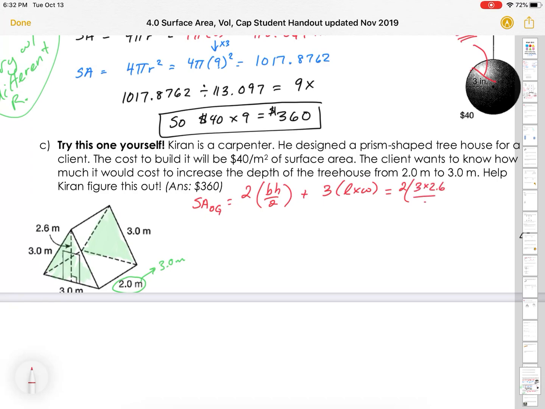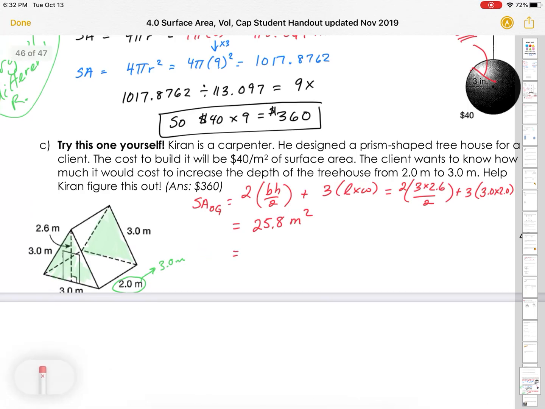Let's substitute that in. 2 times 3 times 2.6 over 2, plus 3 times, where the length is 3 and the width is 2, 3.0 times 2.0. When we multiply that out, we get 25.8 meters squared.